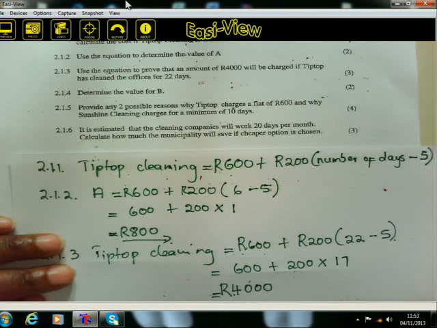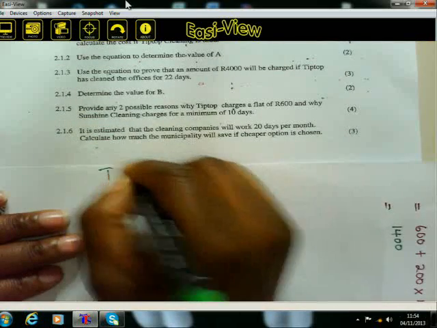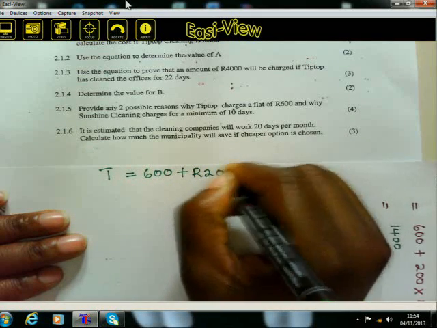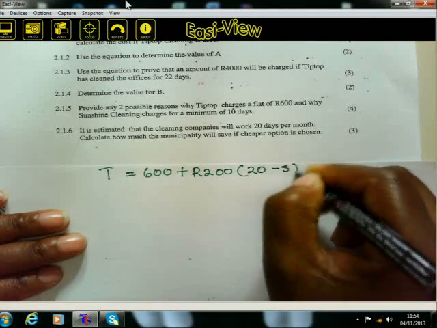And then 2.1.6, it is saying, it is estimated that the cleaning companies will work 20 days per month. Calculate how much the municipality will save if they go for a cheaper option. Let us start with Tip Top. Tip Top is 600. We know the formula by now. 200. Number of days is 20 minus 5.